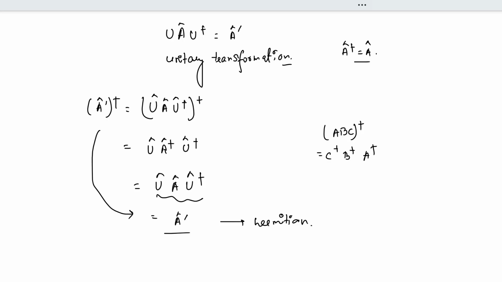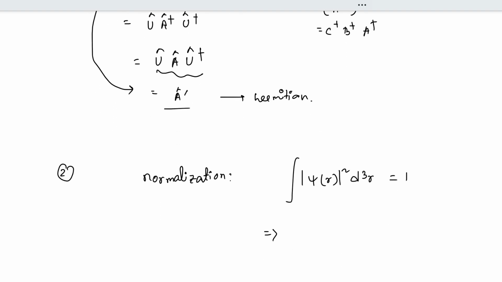So the integral of |psi(r)| whole squared d cube r is equal to 1. Here d cube r is a volume integral, which in spherical coordinates you can break down as r squared sine theta dr d theta d phi equal to 1, with integral limits over all r, theta and phi.